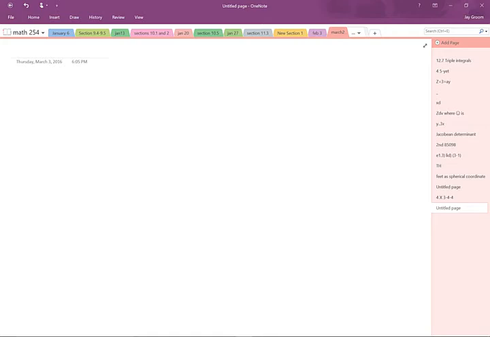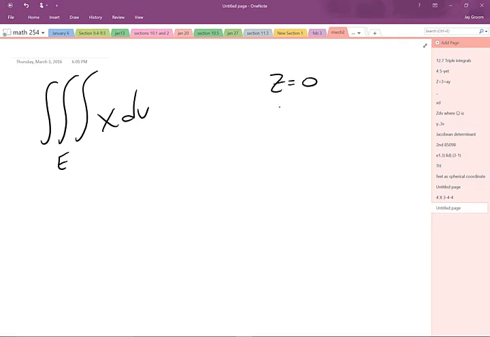It says, I want to take the integral of x over some volume, and E is the region we're going over, where E is bounded by z equals 0, z equals x plus y plus 5, and the cylinder x squared plus y squared equals 4.